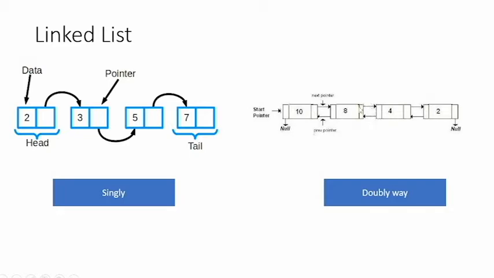Like if you create it in this position, on the right side of this 8, you have to put the address of the newly created node, and in the left of the newly created node you have to insert the address of this 8, and in the right of the newly created node you have to put the address of this node which contains the data 4, and on the left hand side of this node you will put the address of the newly created node. So something like that you will do to insert a node in a linked list.